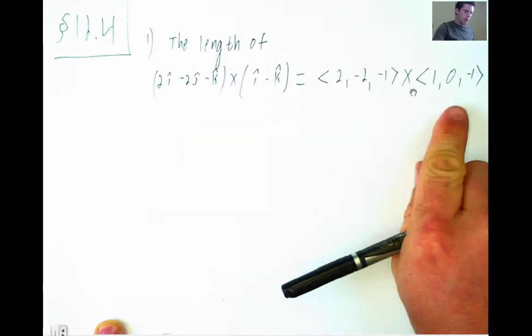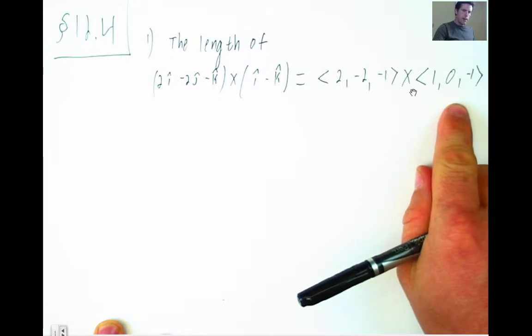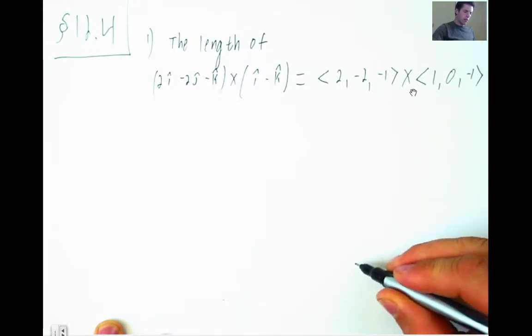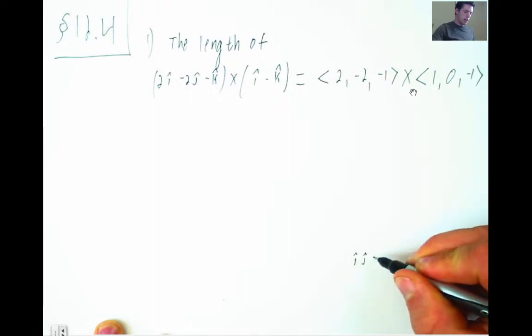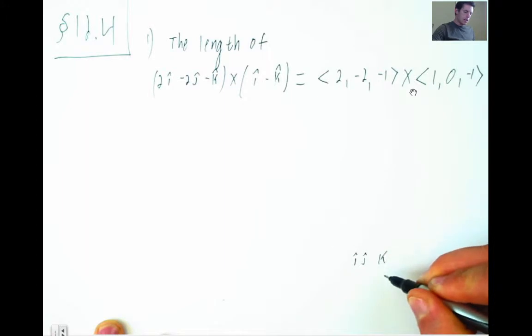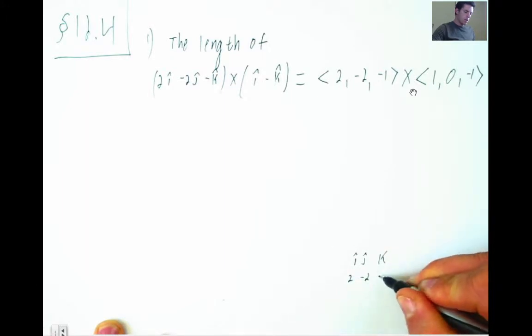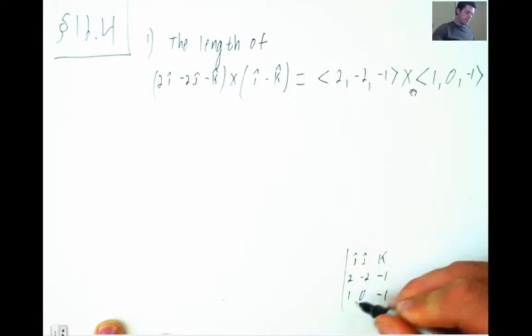Before I can figure out the length of that thing, I better figure out what the components of it are. Off in the corner, perhaps down here, I can use that trick where I say i hat, j hat, k hat, and 2, negative 2, negative 1, 1, 0, negative 1.